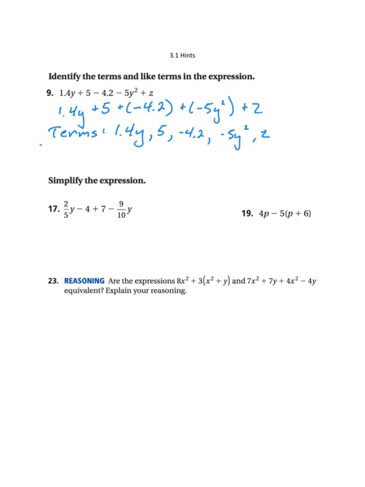And then for the like terms, I need to look for how many of those terms are constants. I see 5 and negative 4.2. Those are constants, so those are like terms. So 5 and negative 4.2 are like terms.